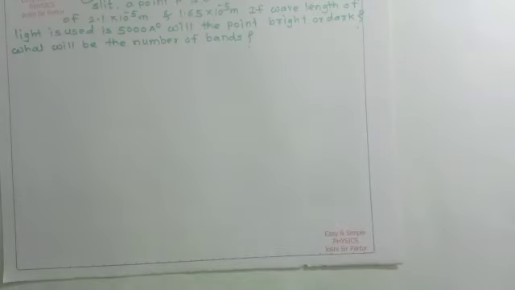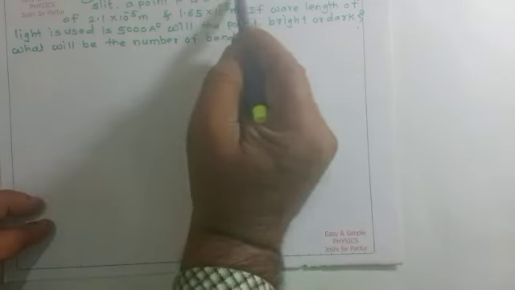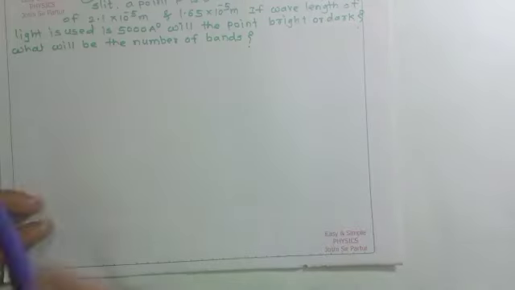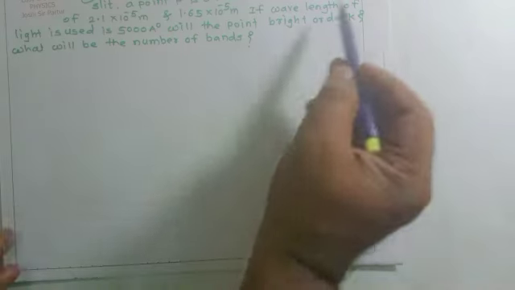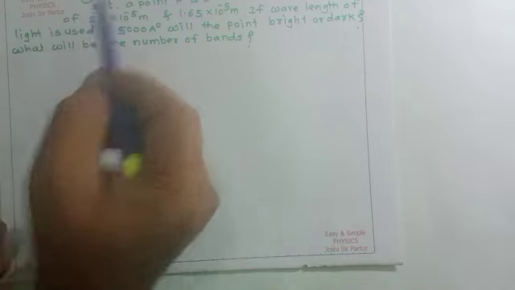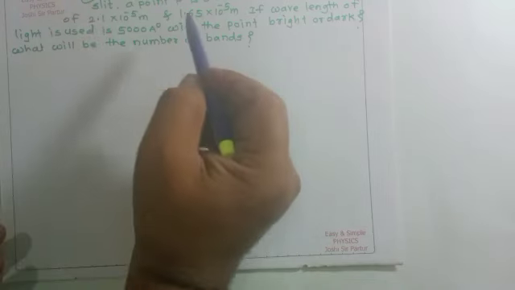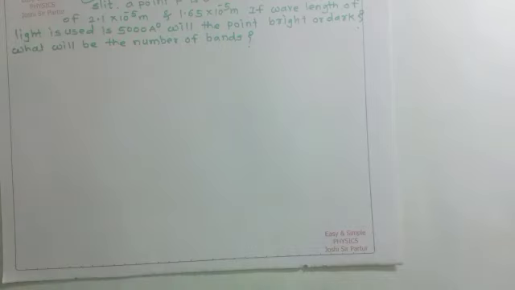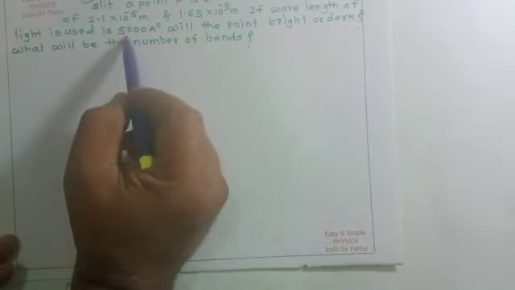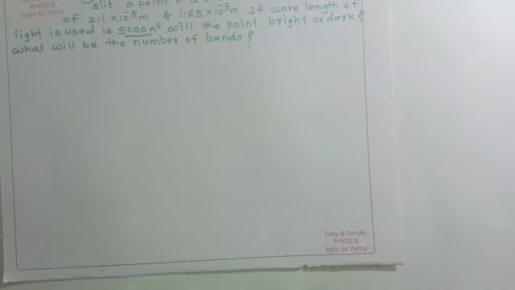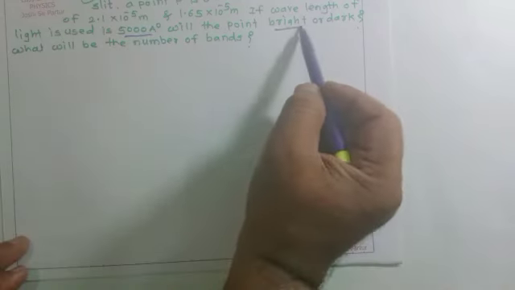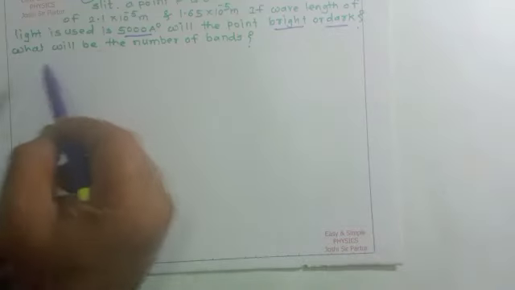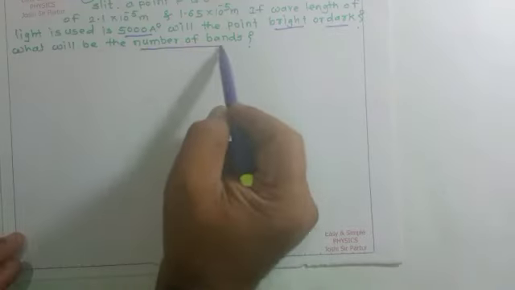Again, let us solve another example. A screen is placed in front of an illuminated slit. At a point P on the screen, the distances are 2.1 into 10 to the power minus 5 meter and 1.65 into 10 raised to minus 5 meter. If the wavelength of light used is 5000 angstrom unit, will the point be bright or dark? What will be the number of bands?